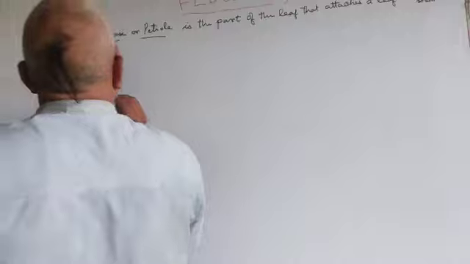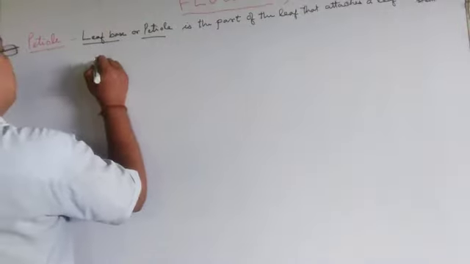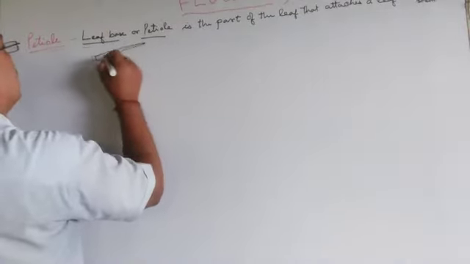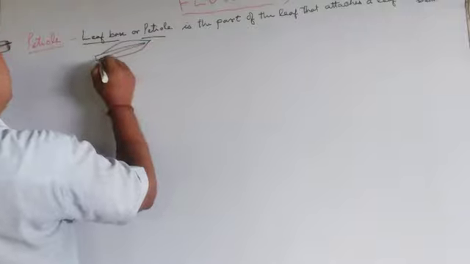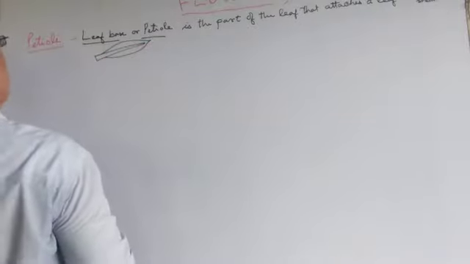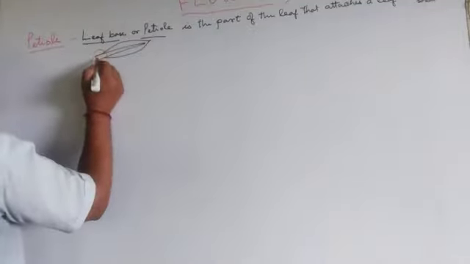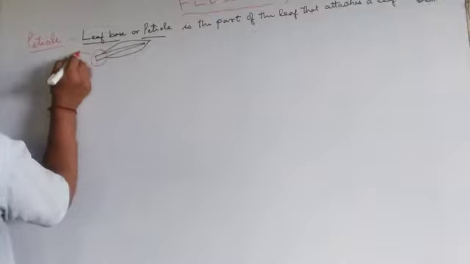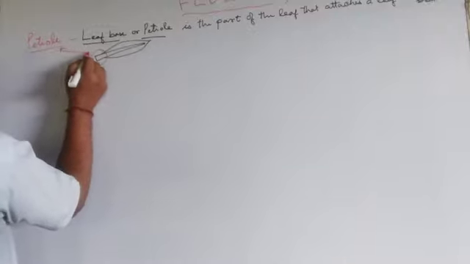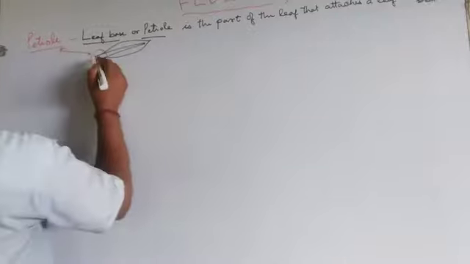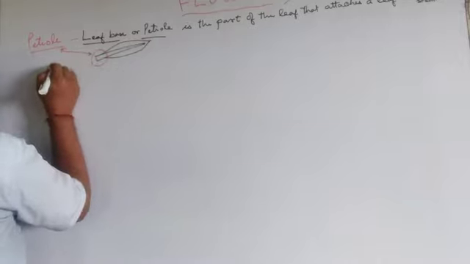Right? Now, along with this, you need to draw one figure like this. This is lamina, and you see this portion is leaf petiole, right? This is leaf petiole.